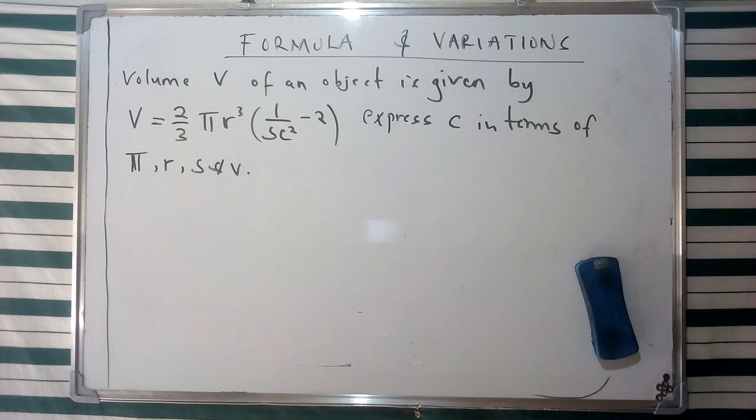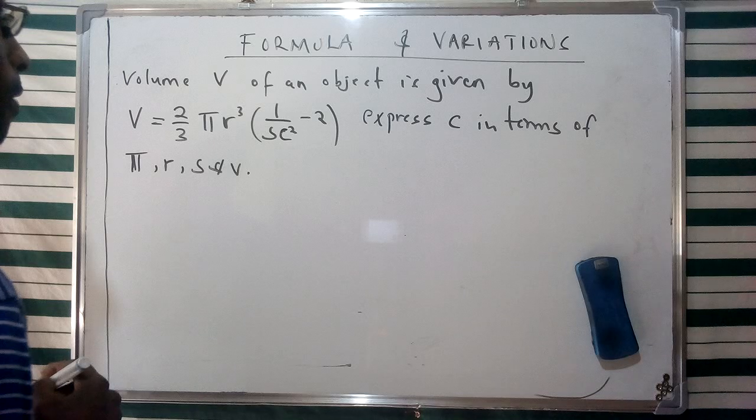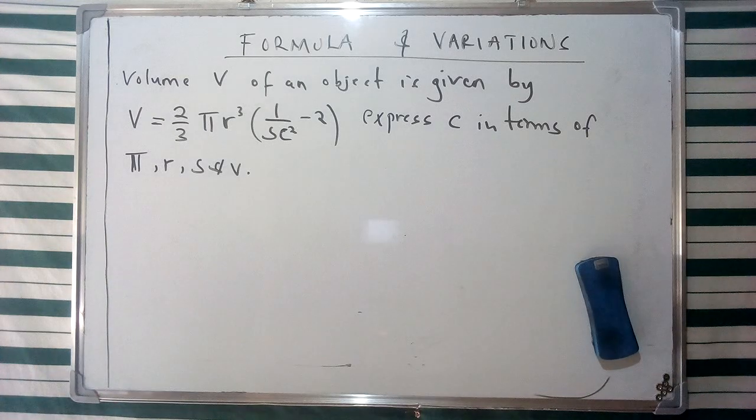Today's discussion is basically going to be a problem set, and we are going to find the value of C, which is part of the expression or equation of the form of volume. This is given in terms of a problem set.